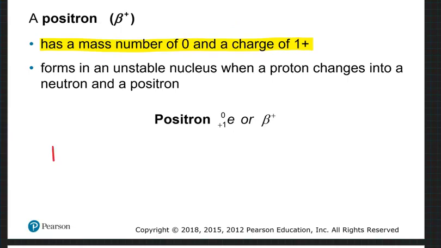When a proton with a mass of 1 and the charge of 1 changes into a neutron with a mass of 1 and the charge of 0, we have to maintain charges by effectively emitting a positron with the charge of plus 1 and the mass of 0. Okay?